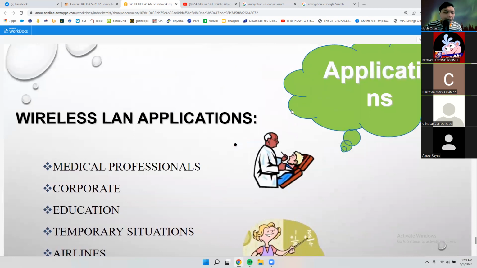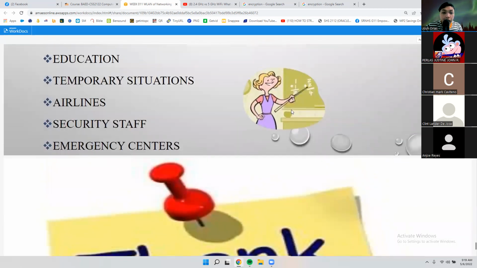And alam naman natin na sa pag-connect sa internet, iba, yung MAC address, iba, sinasét ng limit, connect ka, or 1 hour, depende kasi yan sa configuration. Okay? But at the same time, kung sino lang yung ating bibigyan ng connection. Okay? So, that's the WLAN.